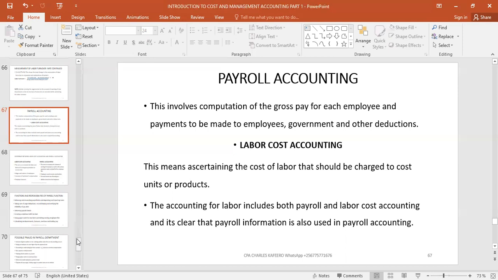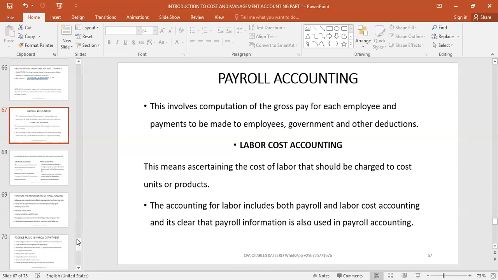But for labor cost, we are aiming at cost ascertainment. We want to know the whole cost we've incurred. We don't care about the deductions. We care about how we are accumulating the money we are giving this employee. So they are different in that sense: payroll accounting considers the gross pay, and at the same time the other deductions made on someone's salary.